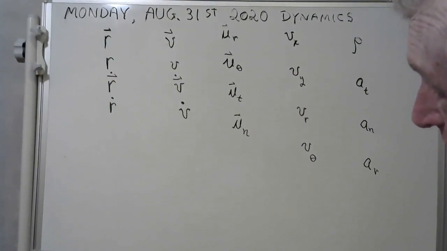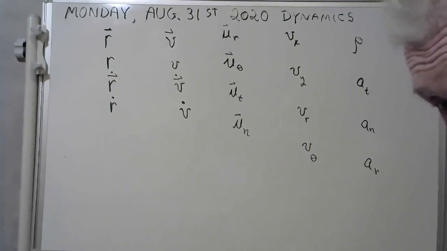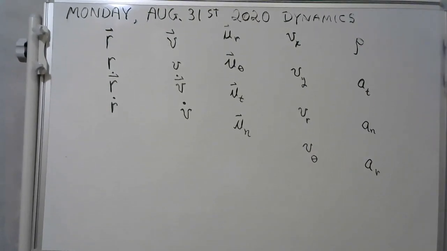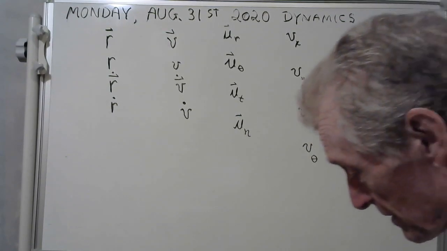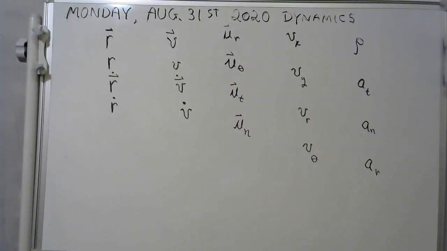We're supposed to know the names of every one of those, and we're supposed to be able to sketch them on a diagram. Yeah, absolutely. If we don't know the names and where they are, we're just out of luck.